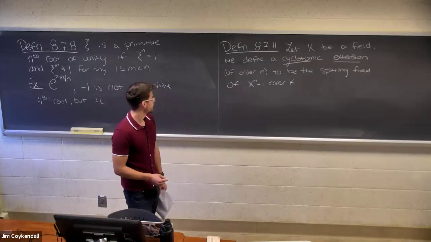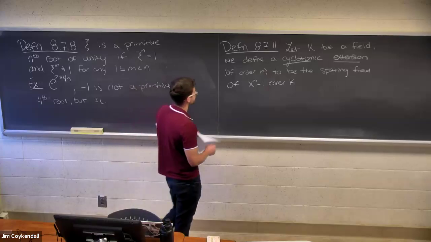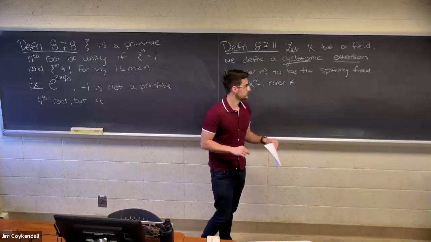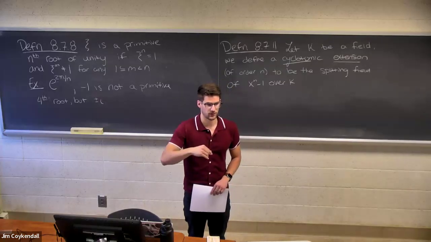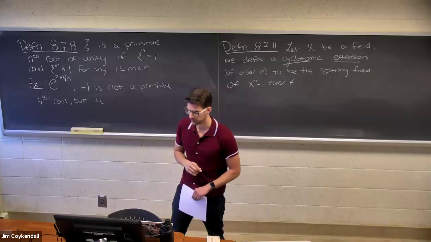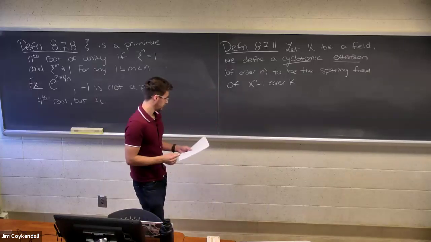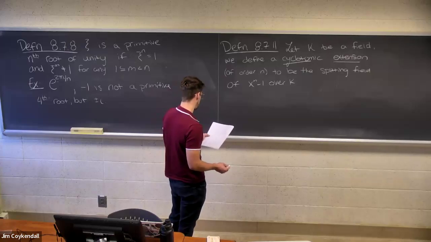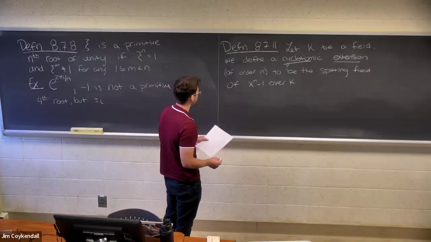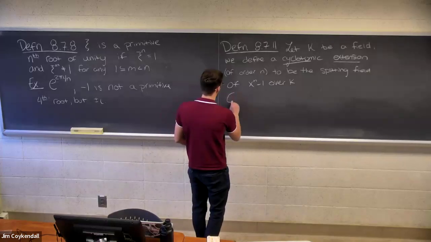Now, I'm going to move away from the general field case and specialize to the case where the subfield is the rational numbers. And that's the setting that we're going to be in for the rest of our time. But maybe first I'll give a couple of examples of cyclotomic extensions.